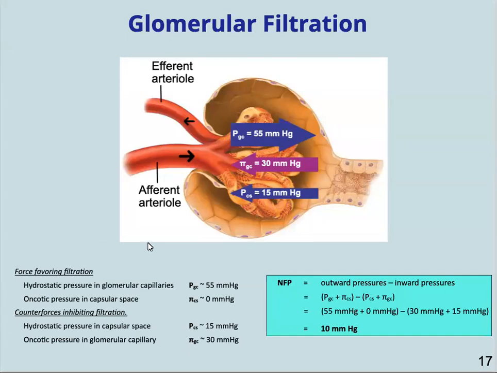So if we balance all of these factors and plug in the approximate usual values for each, note that oncotic pressure in the capsular space is usually around 0 because most proteins are not filtered. Most larger particles, larger proteins, as well as cells, are not going to be filtered. Therefore, oncotic pressure within the capsular space is around 0.